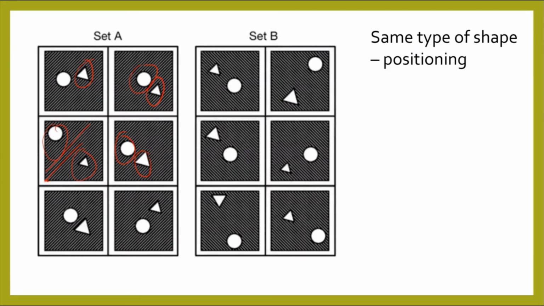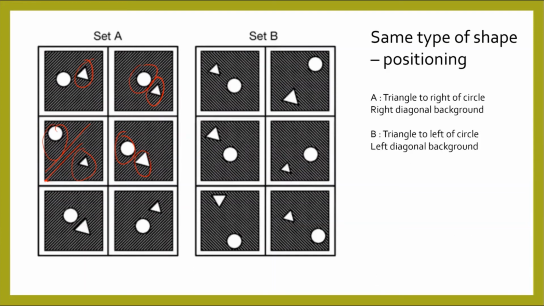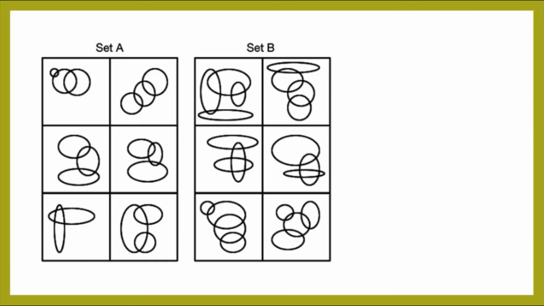But that'll be our rule for set A, that triangle is to the right of circle, and there is a right diagonal background. And for B, triangle is to the left of circle, and there's a left diagonal background.